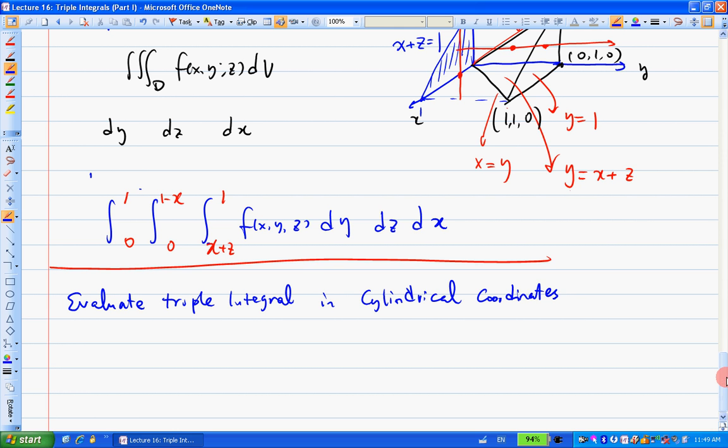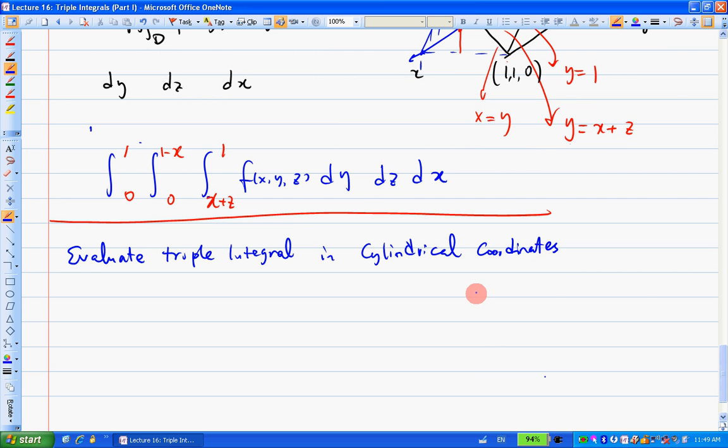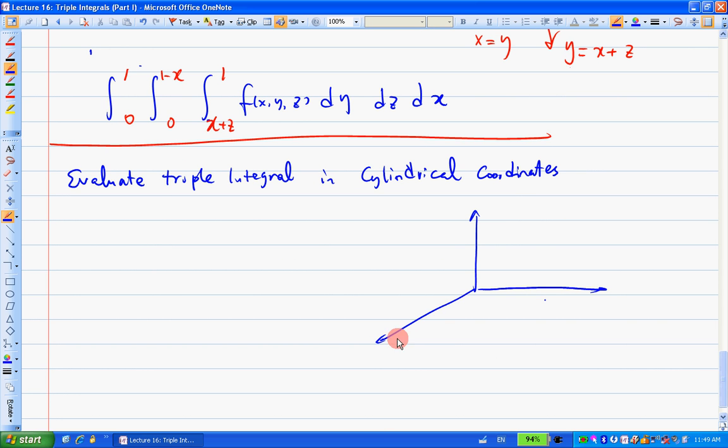So first thing is, what are cylindrical coordinates? This is your xy Cartesian coordinates.